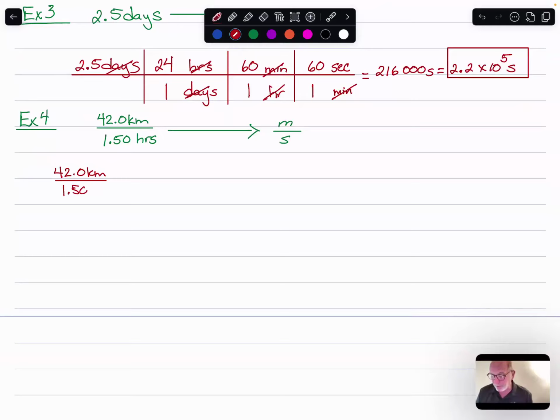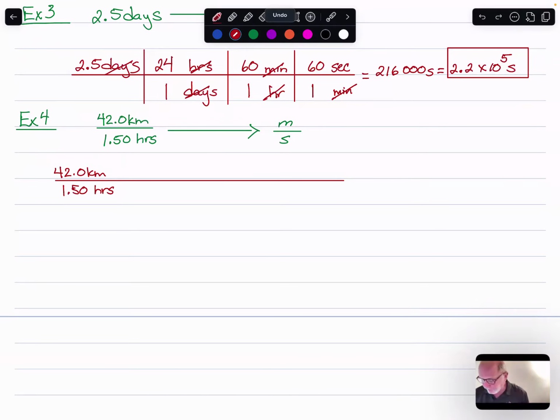And now notice 3 digits on top, 3 digits on bottom. So our answer is going to have 3 digits. We should be okay here. So big conversion, we're going to have 3 steps. Doesn't matter whether you convert the top or the bottom first or second.